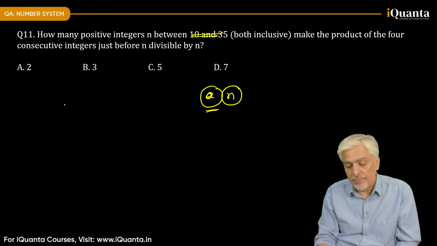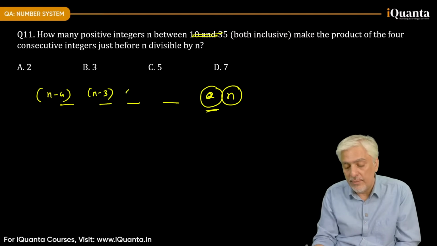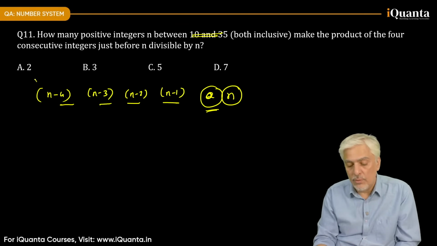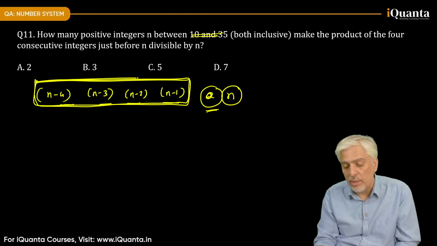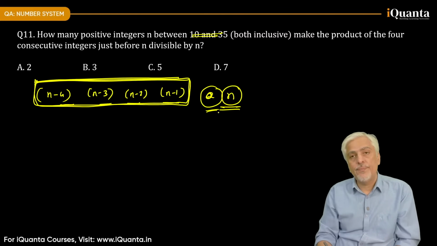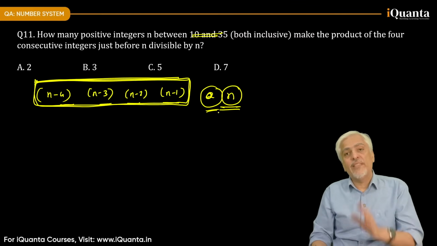That means the four numbers before it, which will they be? n-4, n-3, n-2 and n-1. When will the product of these four be divisible by n?